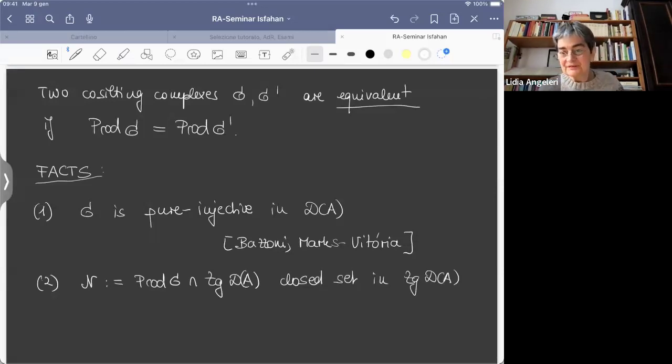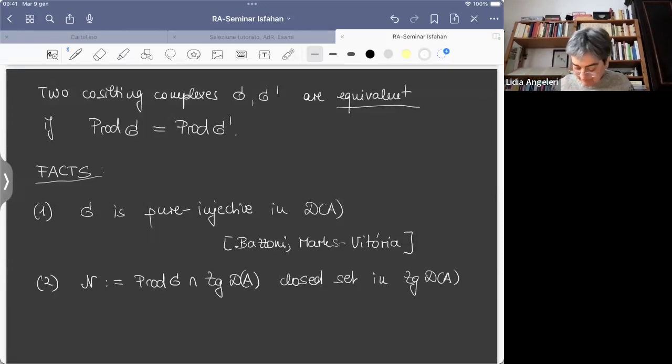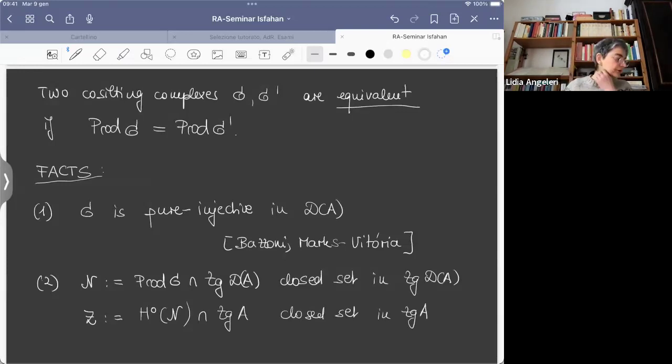This is not so easy to show. It uses properties of the Ziegler spectrum and properties of cosilting theory and combines them. And then as a consequence of this, we also get a closed set in the Ziegler spectrum of the module category by taking the zero cohomologies of N and taking indecomposable objects there. So this is a closed set in the Ziegler spectrum of the module category.